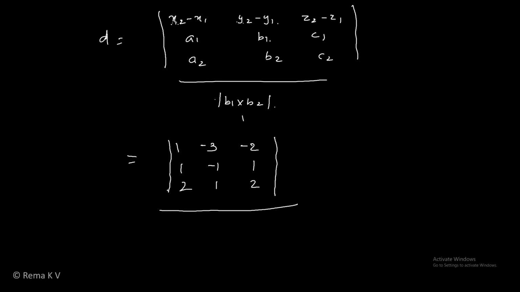We can use this determinant itself to find b1 cross b2. See, minus 2 minus 1 the whole square, plus minus 2 minus 1 the whole square, plus 2 minus 2 the whole square, plus 1 plus 2 the whole square.